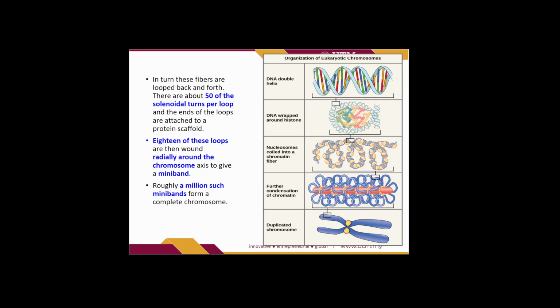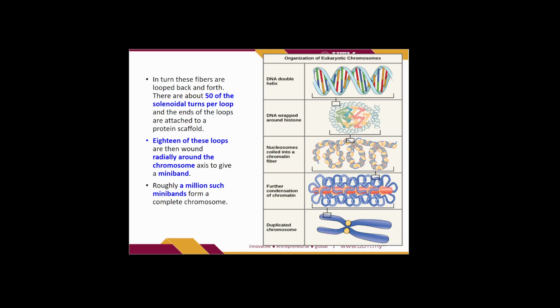Here, as shown, in turn the fiber is looped back and forth. There are about 50 solenoidal turns per loop, and the ends of the loops are attached to the protein scaffold.